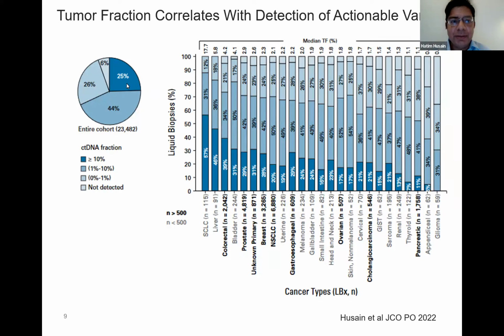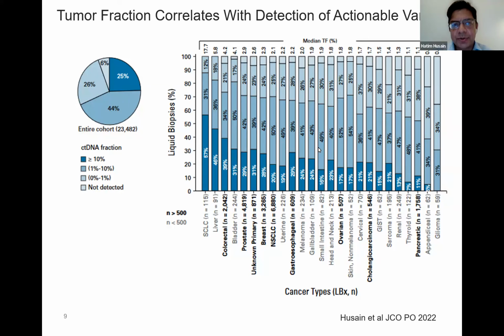Here it shows that in patients with ctDNA, there are patients who may not have enough detectable circulating fragments in plasma, and that can be as large as, it looks like, 70 or 75%. The tumor fraction is defined as greater than or equal to 10%, and patients with these higher levels have higher rates of detectability for positive results. We'll go through that data.